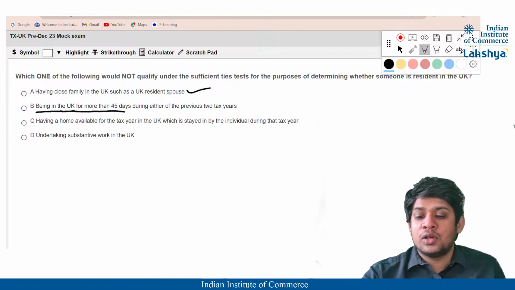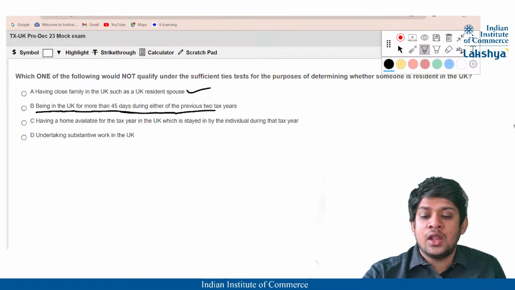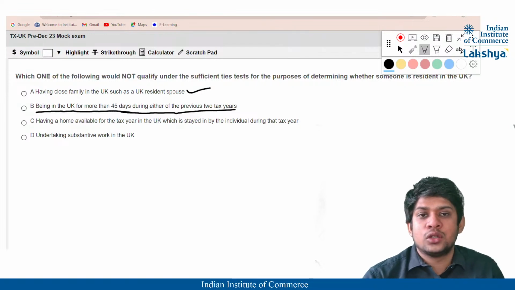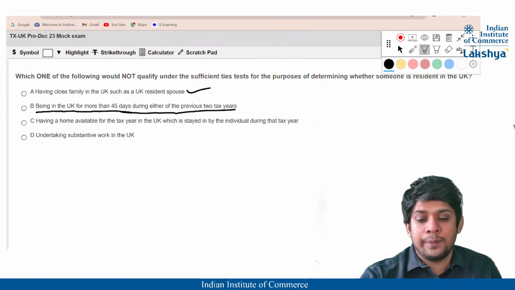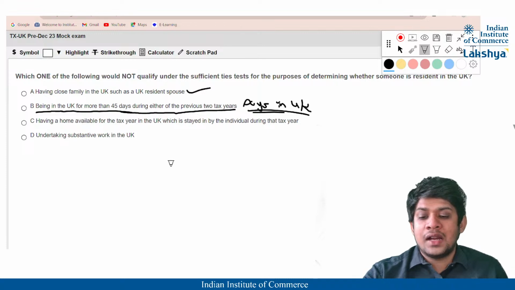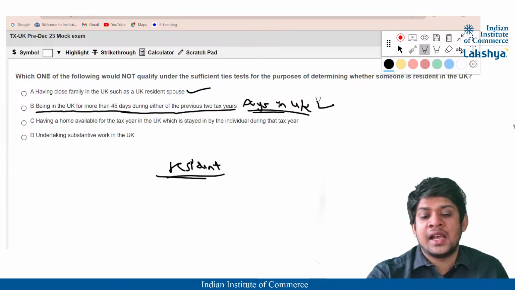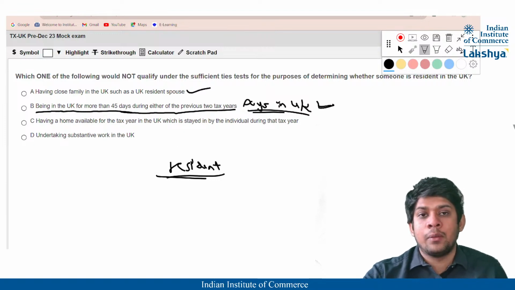Being in UK for more than 45 days during either of the previous 2 years. There is a tie known as days in UK. You will be a resident this year depending on whether you meet this tie and a couple of more ties, depending on how many days you've stayed.